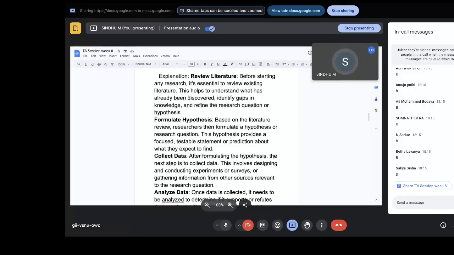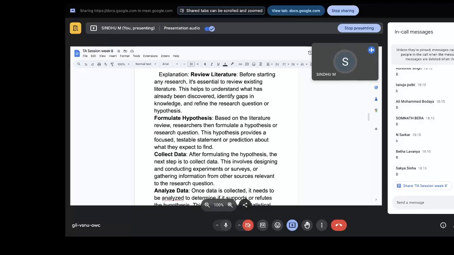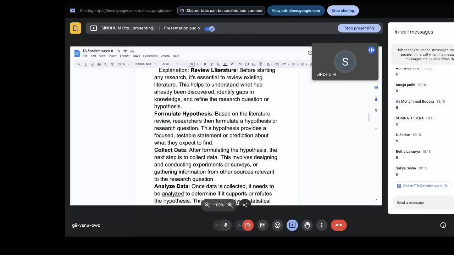So the first step is literature review. Then you know what is already discovered in the field, and what are the knowledge gaps in the field. Then based on the literature review, you can formulate a hypothesis. For example, if there is some phenomenon for which the field is confused, like what is the explanation, then based on the literature review you can hypothesize that maybe this is the reason why it is happening. Then based on your hypothesis, to support or to refute it, you can either conduct experiments or surveys and collect data.